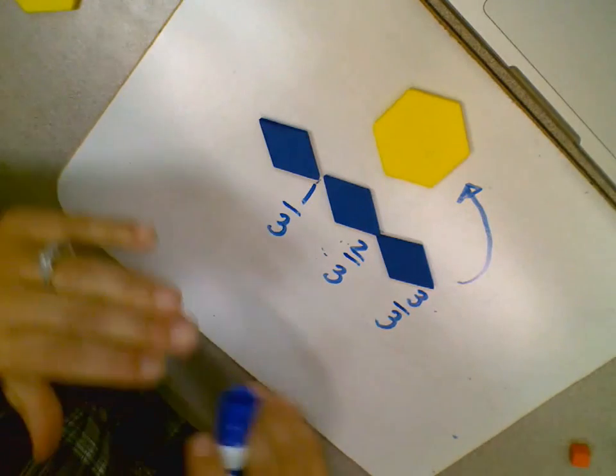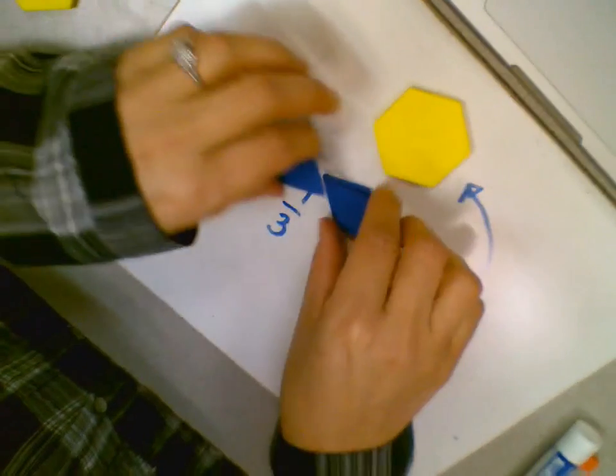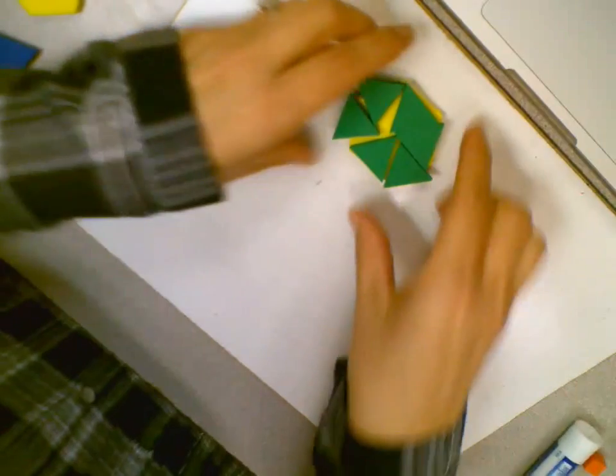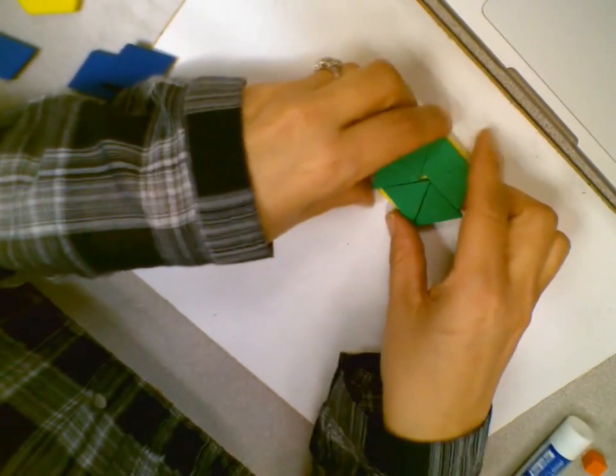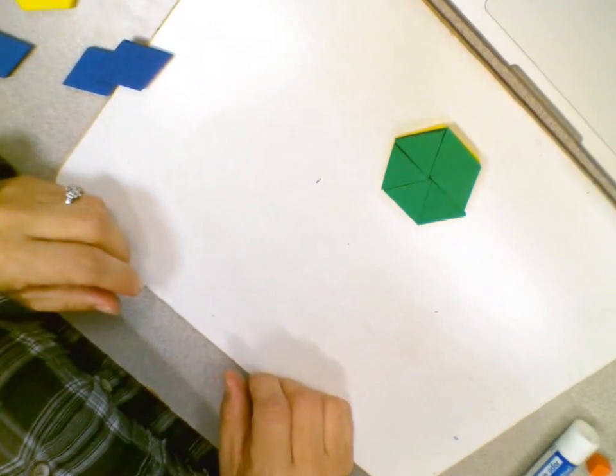I could even go smaller than that, you guys. I could use triangles to make up my hexagon. And what I noticed is that I could get something that looked like this. I could have the triangles make up my hexagon.